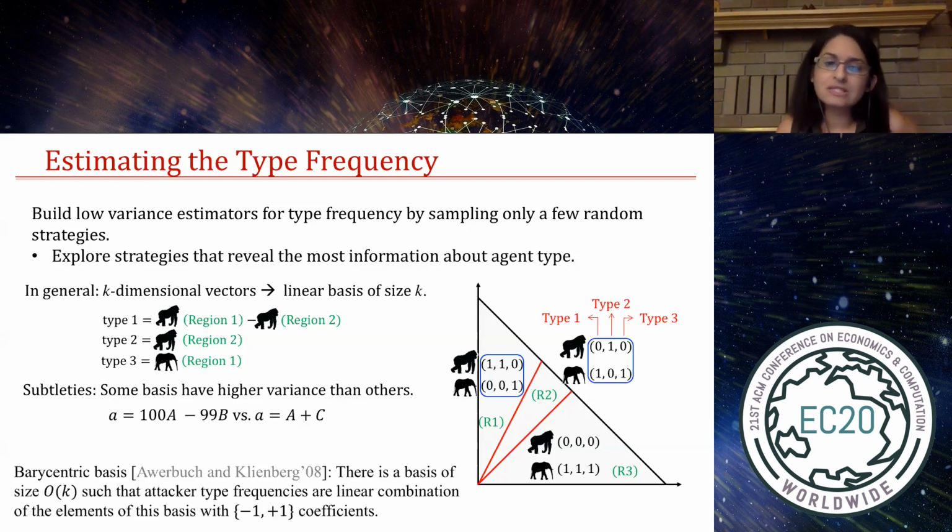So in fact, there are these bases called barycentric bases that make sure that you can still span linearly what you're looking at, but the linear combinations just use coefficients like plus or minus 1 or plus or minus 2. So they keep the variance quite low, and they work really well when you're trying to come up with low variance unbiased estimators for online learning.